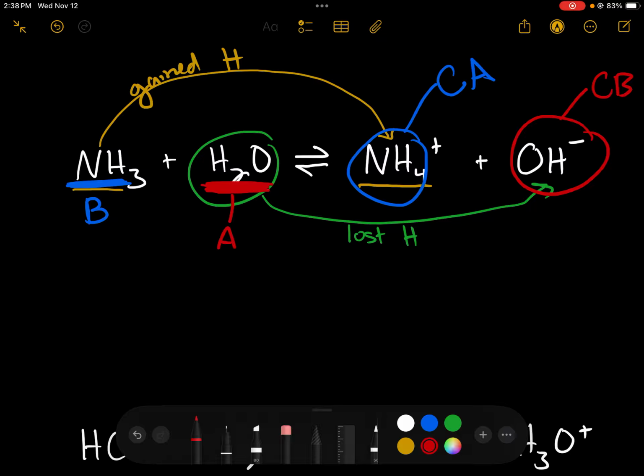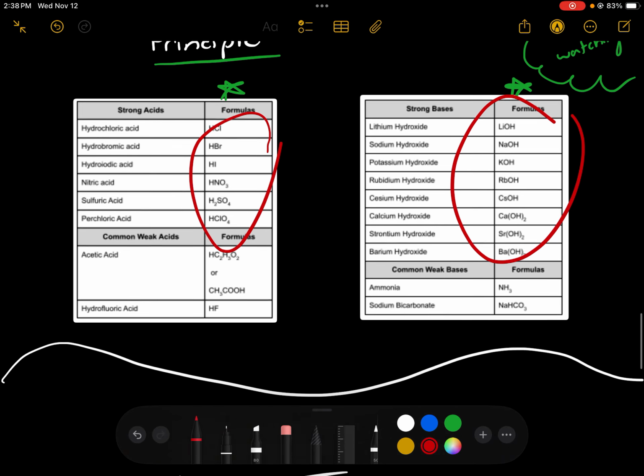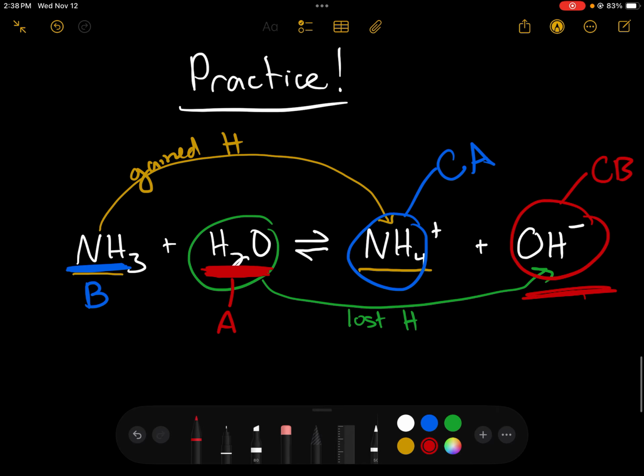Now, the last step here is to predict what direction this reaction is going to go. Looking at these substances, ammonia, water, ammonium, and hydroxide, I don't see any strong acids or strong bases right off the bat. I don't see anything that's in these two tables. But what I do see is hydroxide.